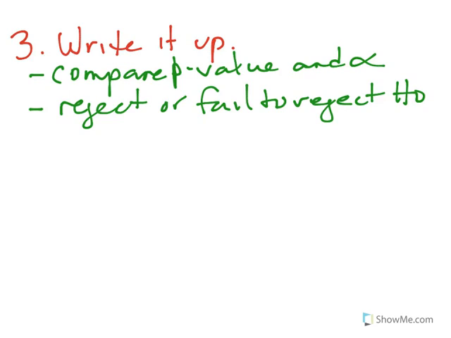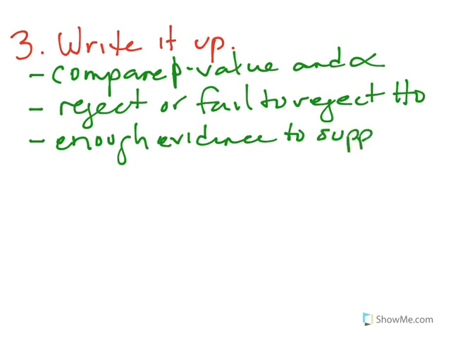So let's make our next 2 points. The third thing you want to do is state what you're going to do about the alternative hypothesis. So you want to talk about if there's enough evidence to support it, or if there's not enough.